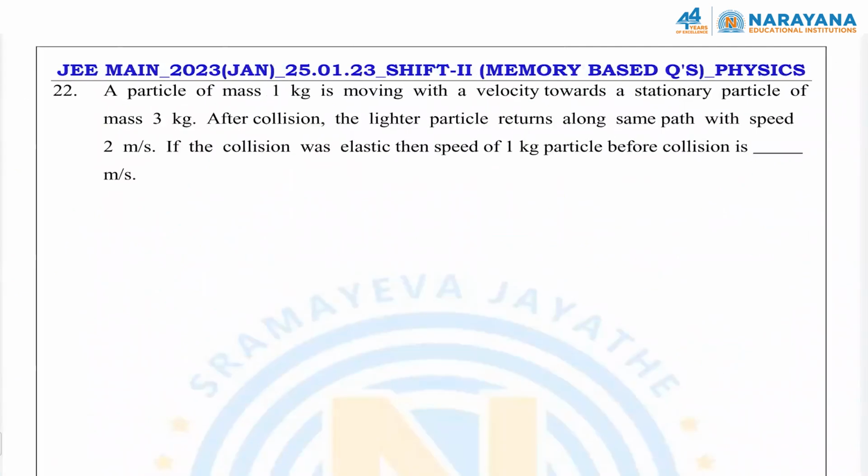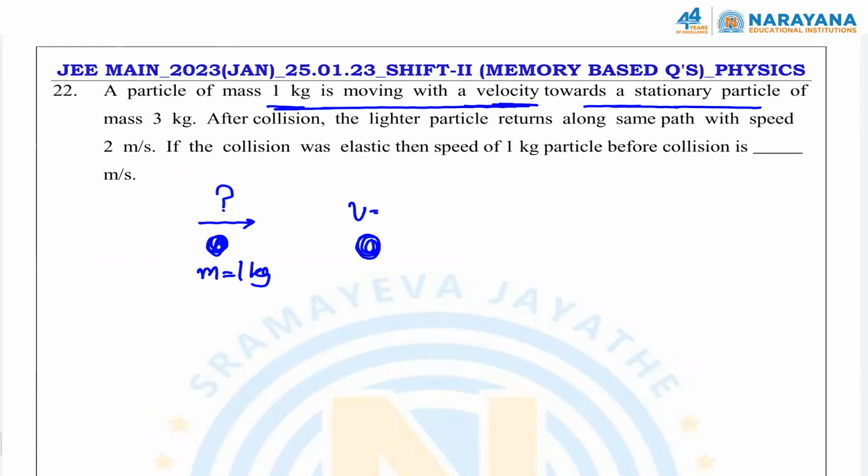Okay. Next question. We have a particle of mass 1 kg moving with a velocity we don't know, towards a stationary particle of mass 3 kg.